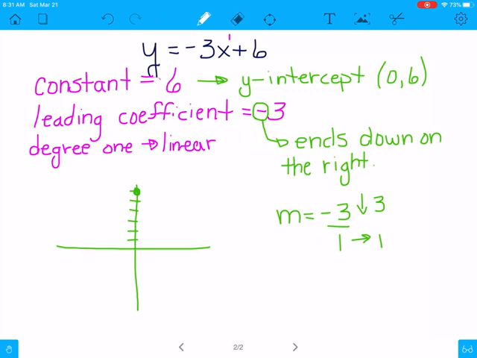So we'll start at the y-intercept and go down 3, right 1. Down 3, right 1. And then I connect those. And I have a linear equation. Wow, pretend that went through the green dot up there.